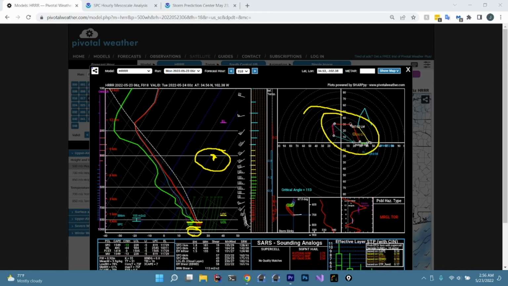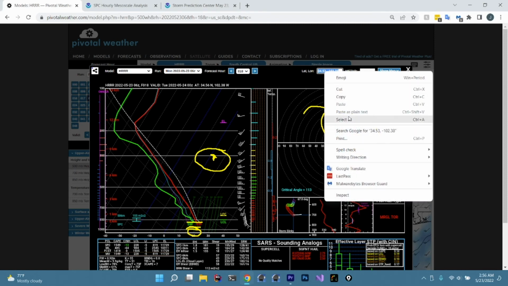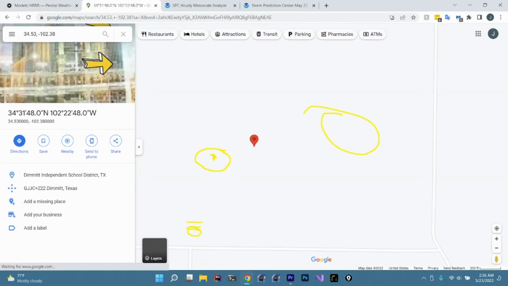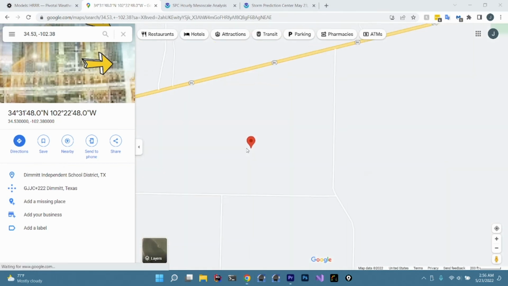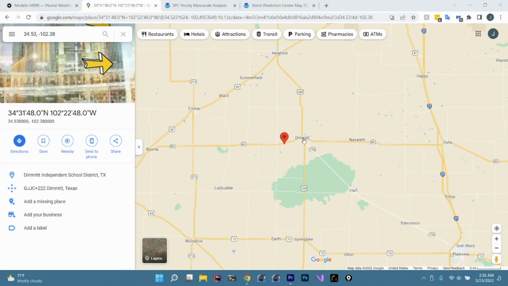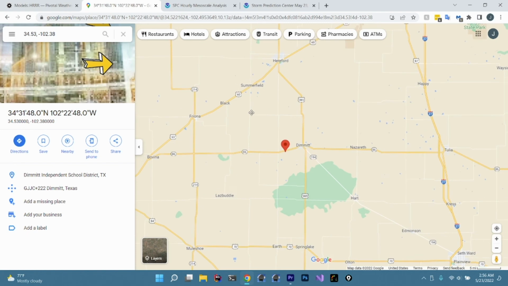Let me show y'all one more trick that I like to do. And search. Let's get rid of all my drawings. So Dimmitt, Dimmitt, Texas, looks like Dimmitt, Hereford, Friona.